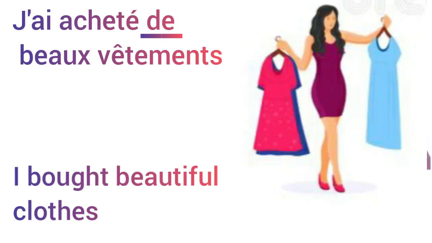So now how will the sentence become? J'ai acheté de beaux vêtements. I will not say j'ai acheté des beaux vêtements because there is the adjective beau, which means beautiful. So when the noun is preceded by an adjective, des also becomes de.